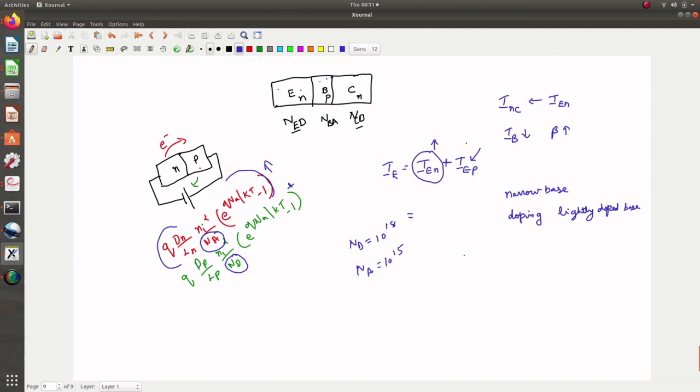So in construction, we have emitter heavily doped, base lightly doped, and collector moderately doped.